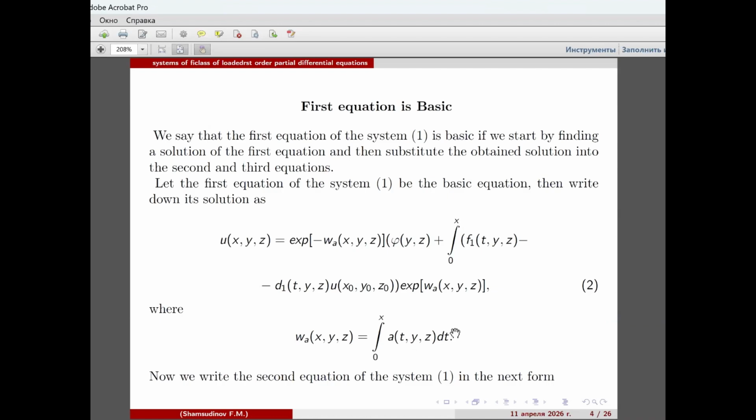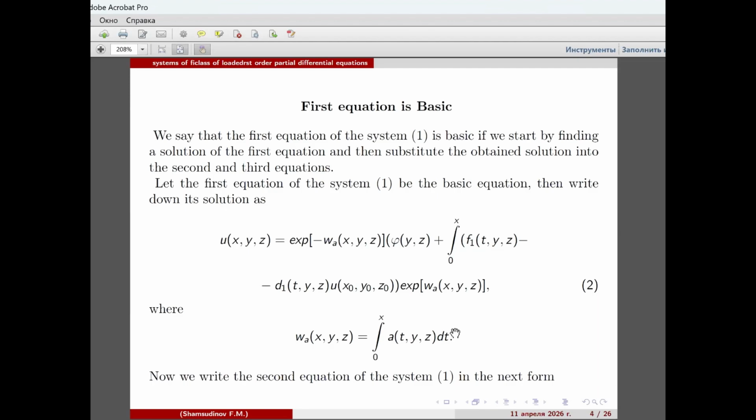First equation is basic. We say that the first equation of the system 1 is basic if we start by finding a solution of the first equation and then substitute the obtained solution into the second and third equations.